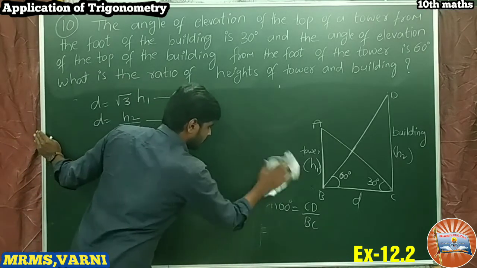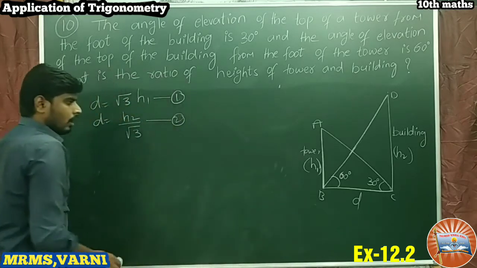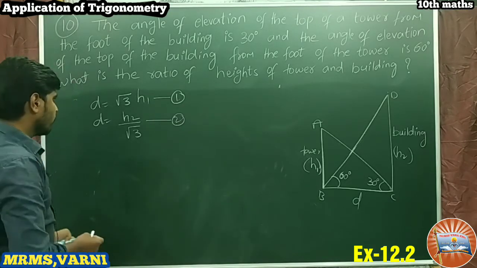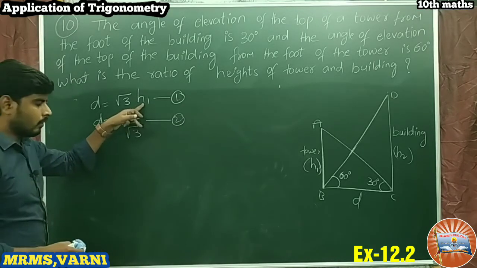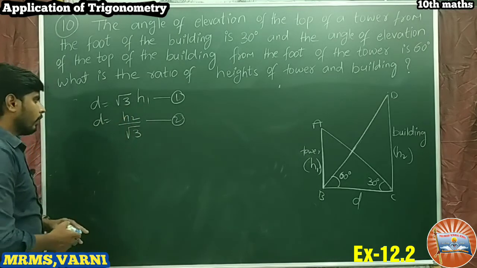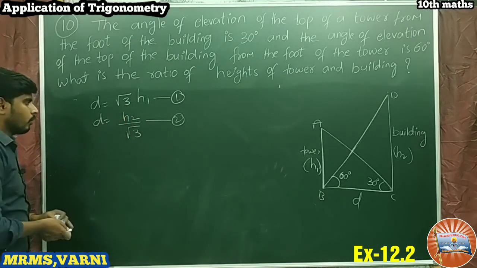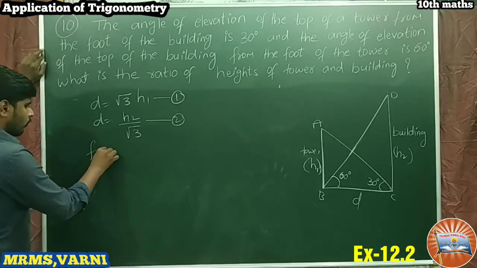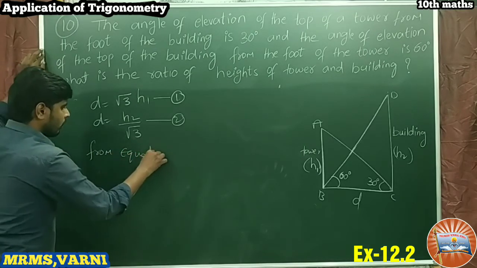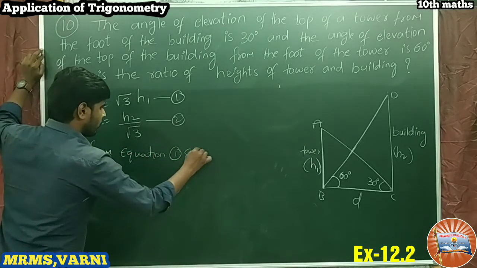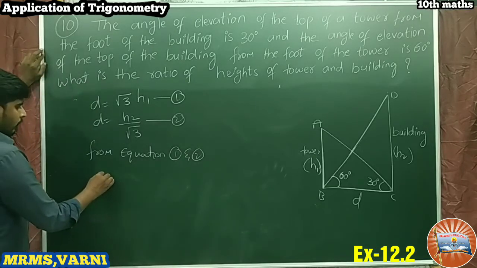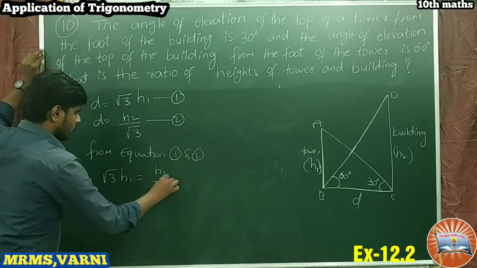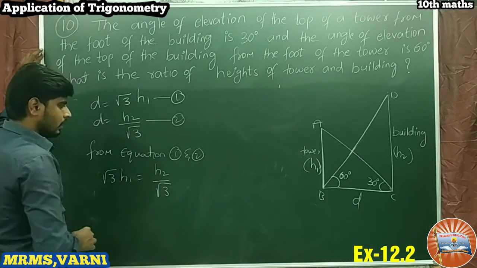What we have to find is the ratio between the heights of the tower and the building. H1 is the height of the tower, H2 is the height of the building. We have to find the ratio H1 is to H2. From equations 1 and 2, we can write root 3 H1 is equal to H2 by root 3, isn't it?